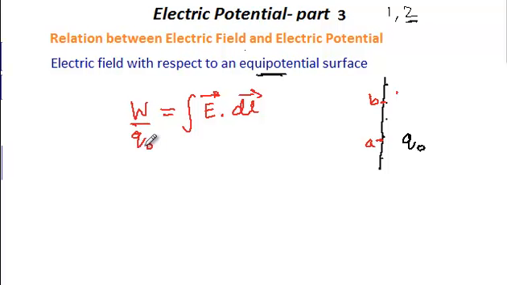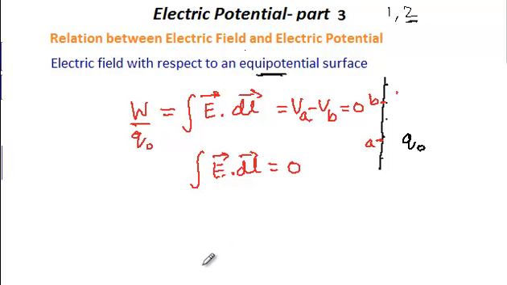So the work done per unit charge is E dot dl, which is equal to VA minus VB. Now since both these points are on the equipotential surface, VA minus VB is equal to 0. Now this gives us integral E dot dl equals 0.